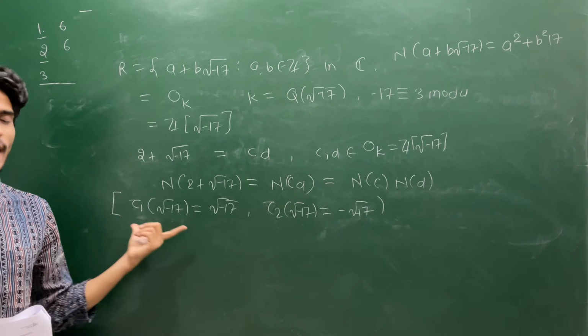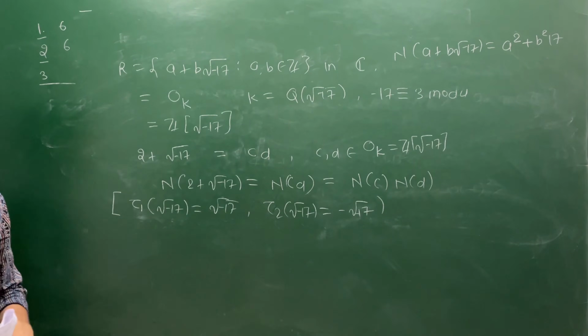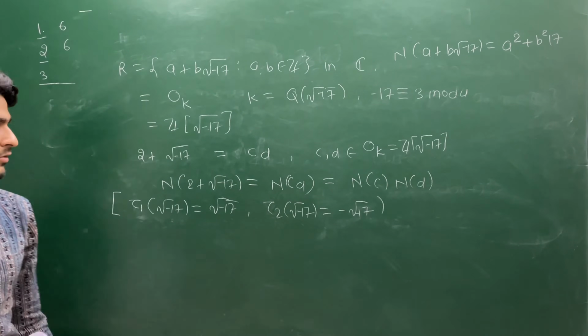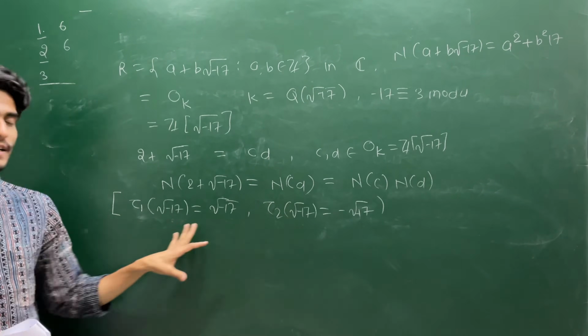You have two embeddings, by which you can say there are only two automorphisms from Q(square root of minus 17) to Q(square root of minus 17). One is the identity map and another one is this, and there is no other embedding other than these two.